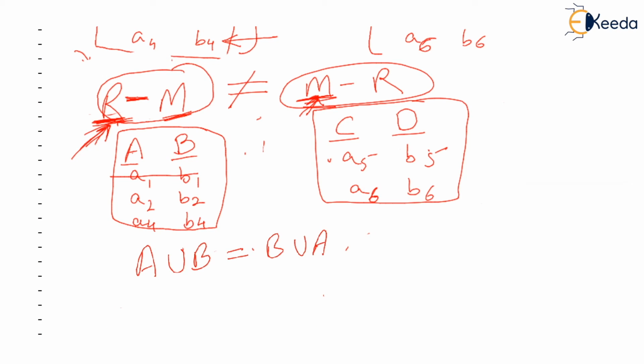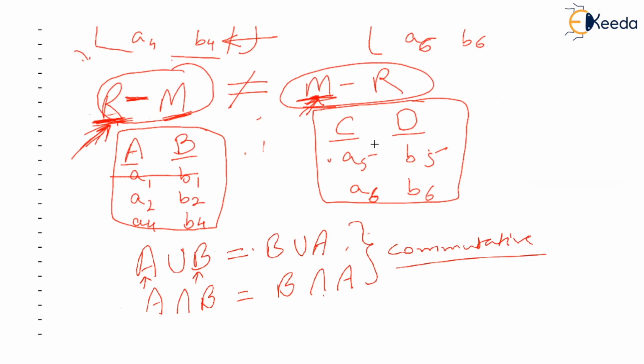Because you are taking all rows which belong to A or all rows which belong to B, correct or not? Even A intersection B is always equal to B intersection A. So union and intersection are commutative operations. But difference is not commutative. R minus M is not equal to M minus R. So these are the three set operations.